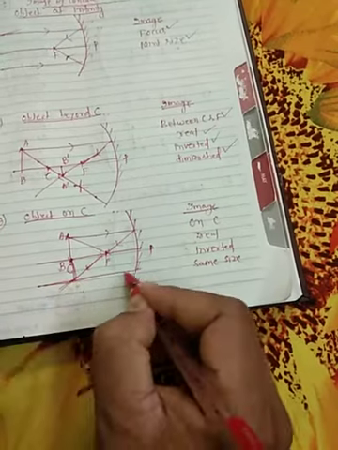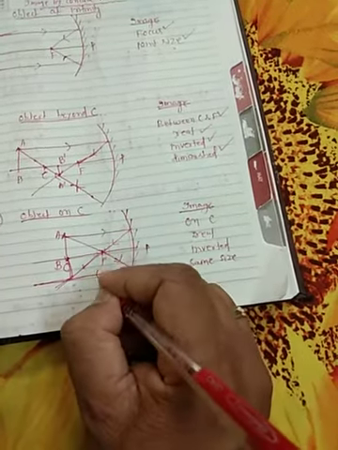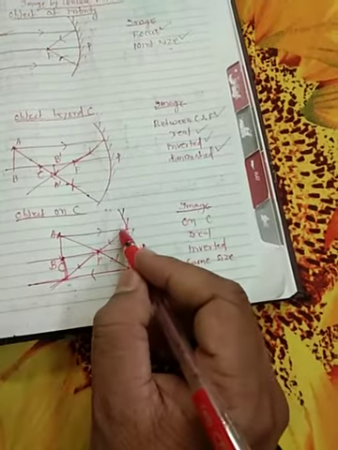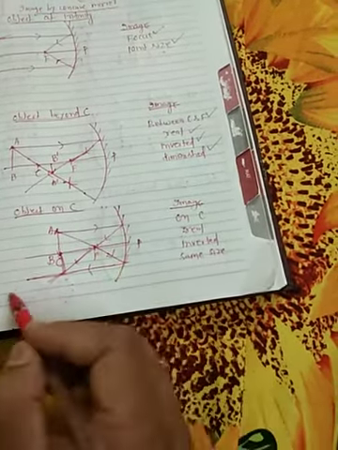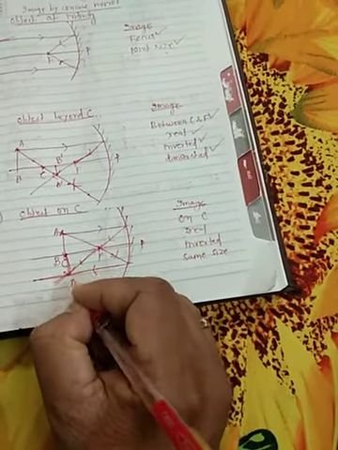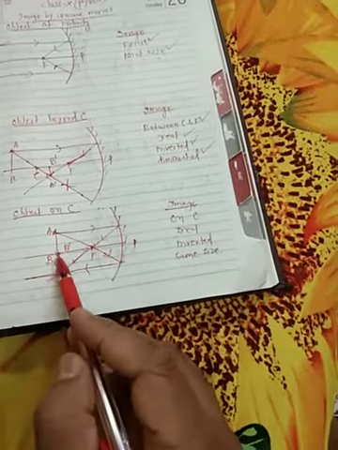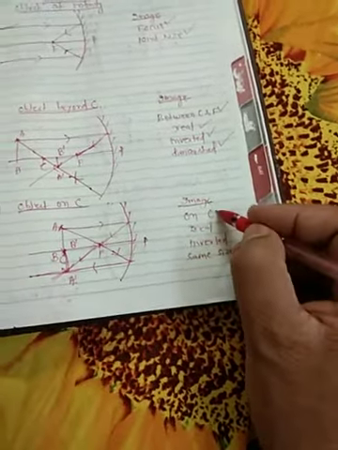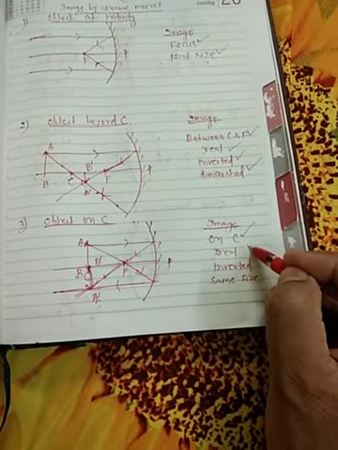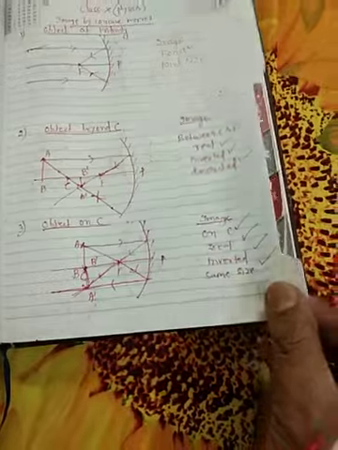This is the incident ray, this is the reflected ray. This is your image, A dash B dash. So what is the position of image? Object is on C, image is also on C. So image will be on C, it will be real, inverted and of the same size. This is the third case.